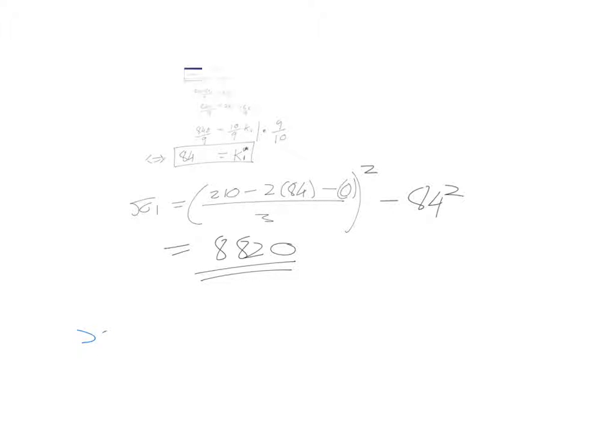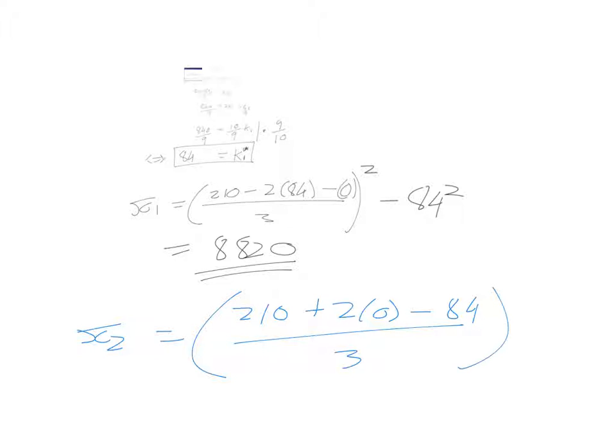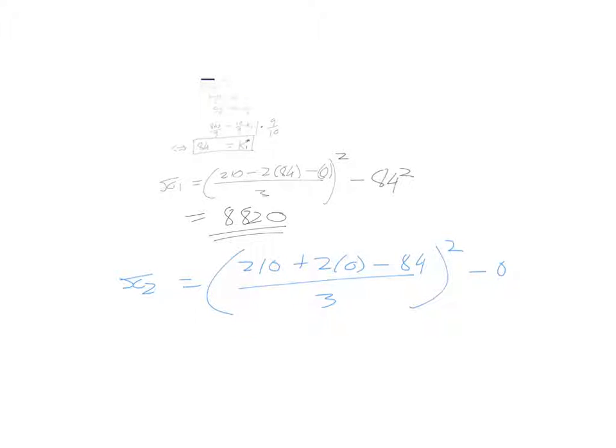The profit of firm 2 is going to be 210 plus 2 times 0 minus 84 on 3 squared minus 0, and that is equal to 1,764. So clearly, if firm 1 does invest and firm 2 does not invest, firm 1 can really hurt firm 2.